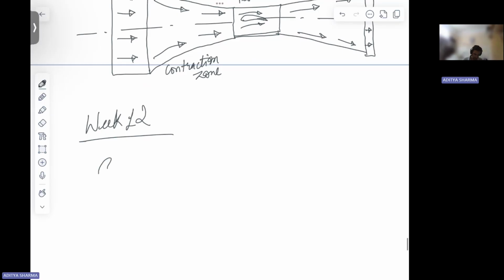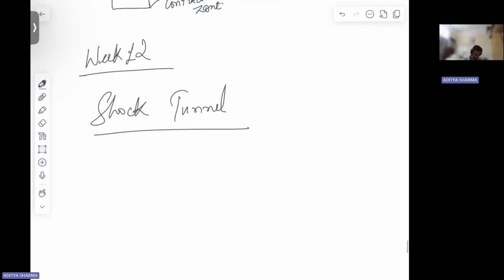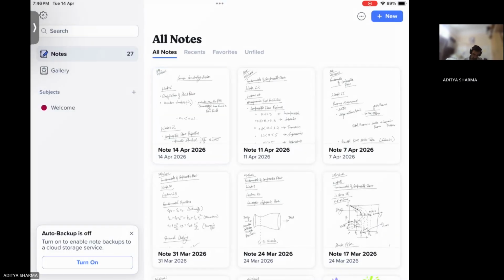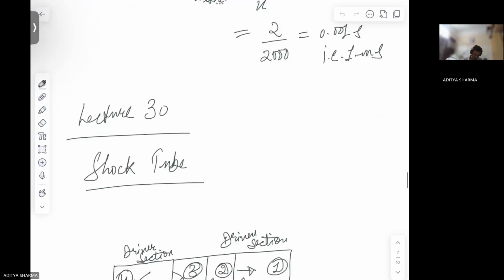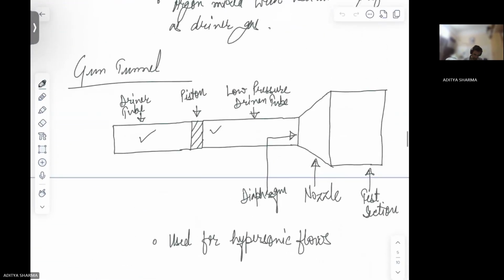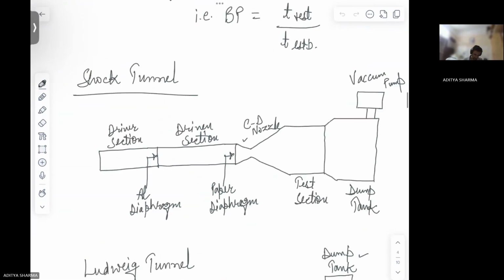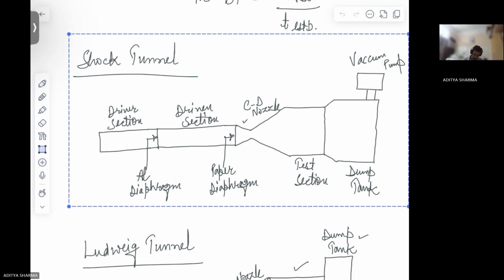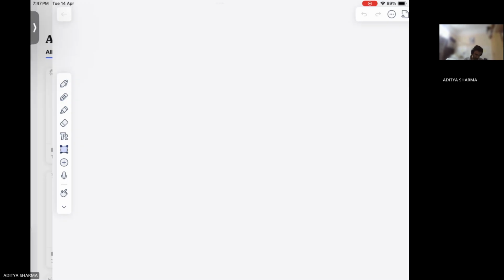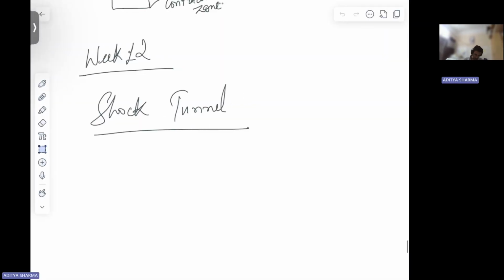One is your shock tunnel. So this is your shock tunnel.